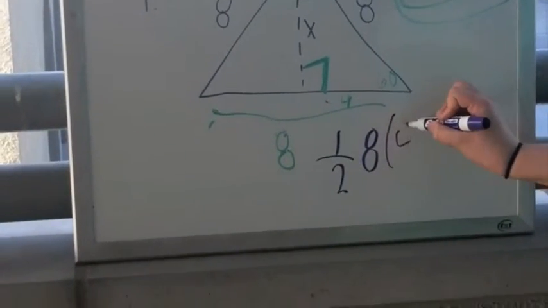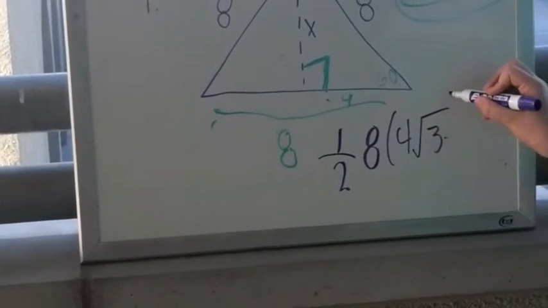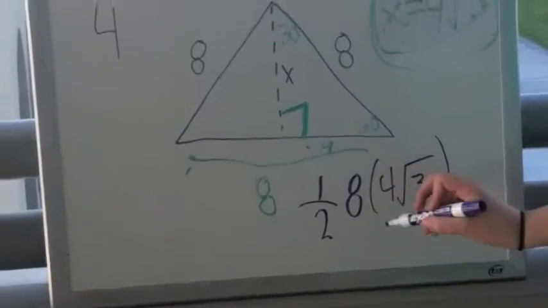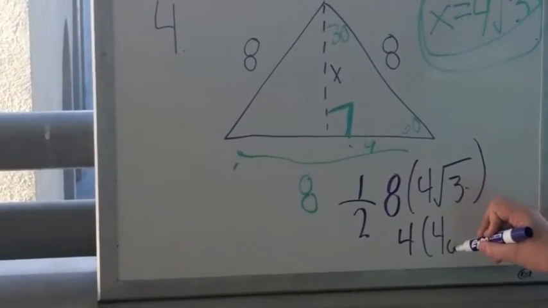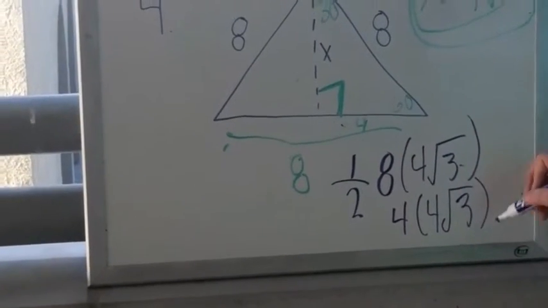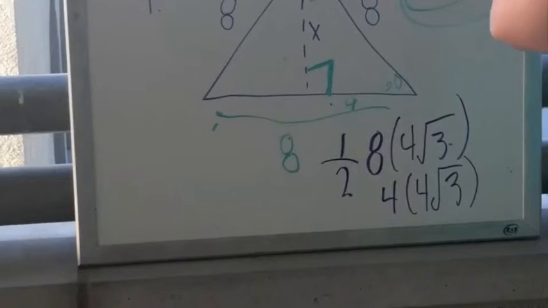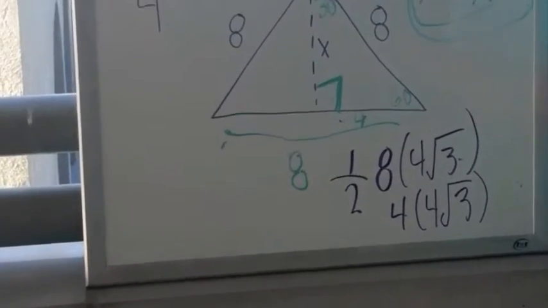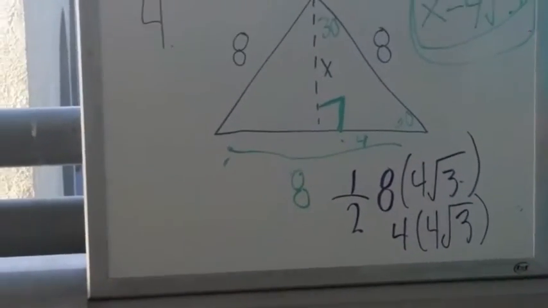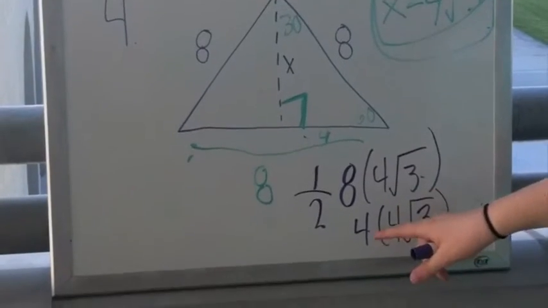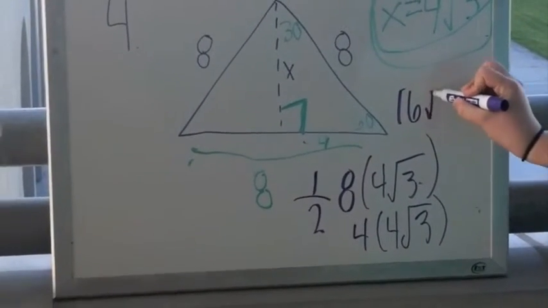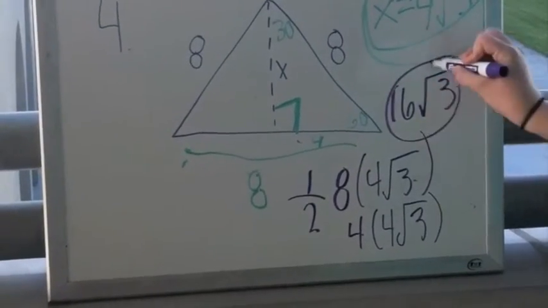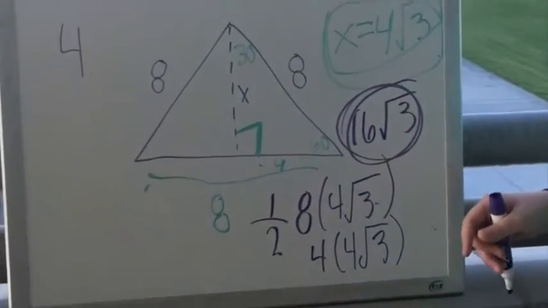So we'll just take half of 8, which is 4, and then multiply it times 4 radical 3. It's 16 radical 3. So 4 times 4 radical 3 equals 16 radical 3, and that is the area.